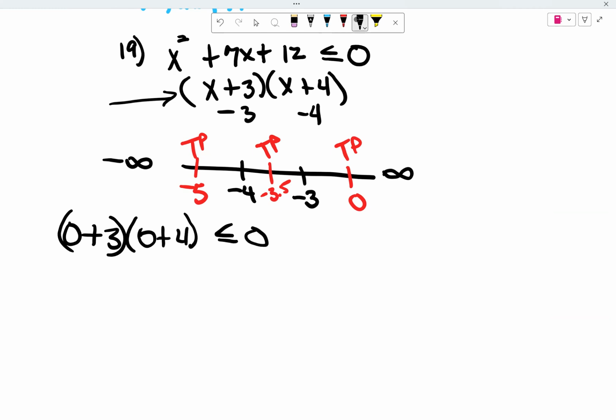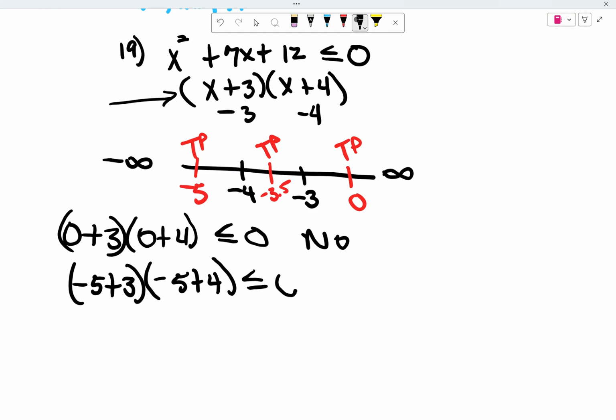Is that less than or equal to 0? And the answer is no, because I need a negative. I guarantee you that if I use the negative 5, negative 5 plus 3, and negative 5 plus 4, that is also not going to result in something less than 0, because it's positive. So those are two no's.